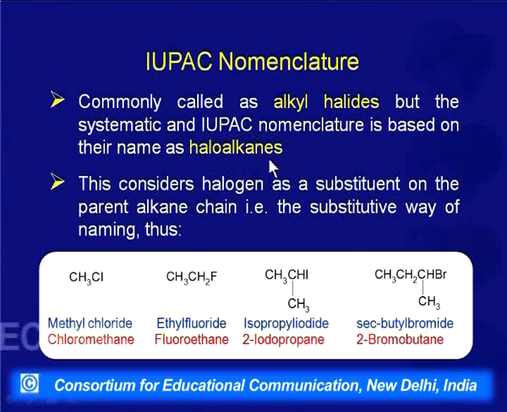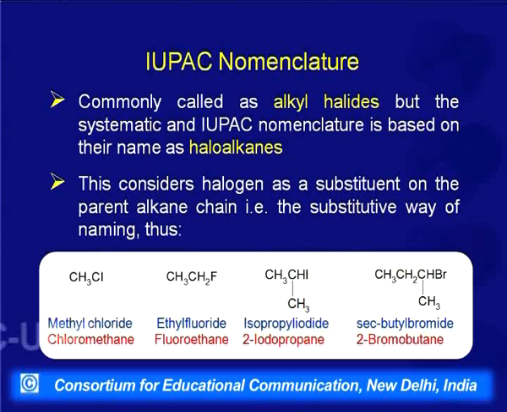nomenclature is based on the substitutive way of naming these molecules, and therefore it names them as haloalkanes. This considers halogen as a substituent on the parent alkane chain, that is the substitutive way of naming. Therefore, suppose we have this small molecule of methyl chloride, we will not call it methyl chloride, but by IUPAC nomenclature we will say that this is chloromethane.